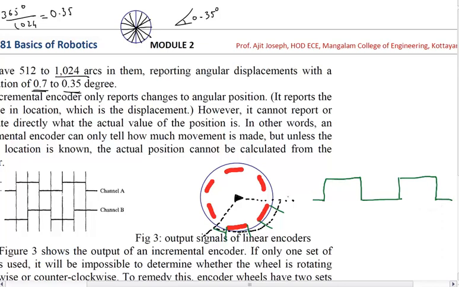Now I don't know where this has started and where this has ended, because I am only seeing this output, this waveform. I don't know exactly what is happening here because that is not in front of my eyes. What I see is only this waveform. So if I am seeing this waveform, I can only say that 2 transparent sections have passed. That's all.